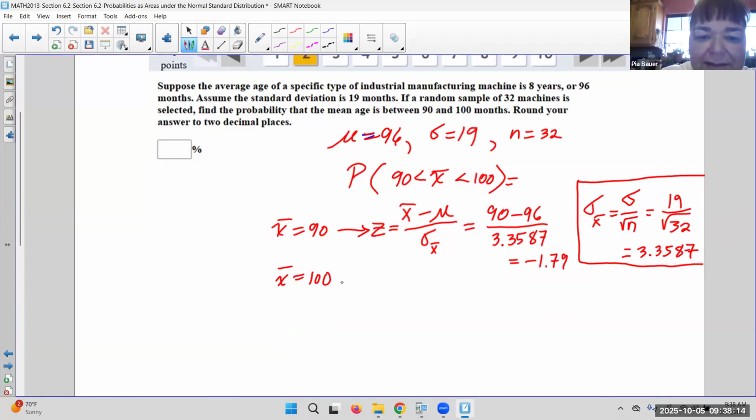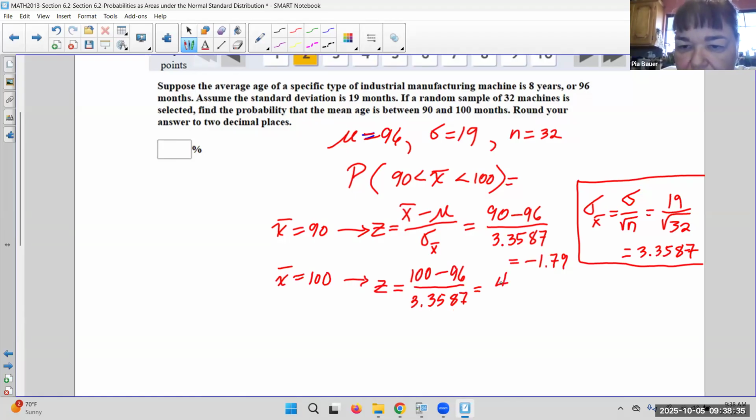Okay, now I'm going to set this one up. So I have a z-score equals x bar, which is 100, minus the mean, which is 96. This one is going to be positive, divided by the 3.3587. So that's going to give you actually a 4 divided by the 3.3587.